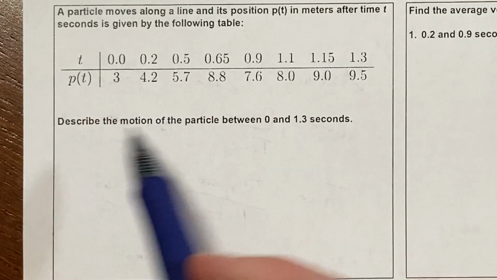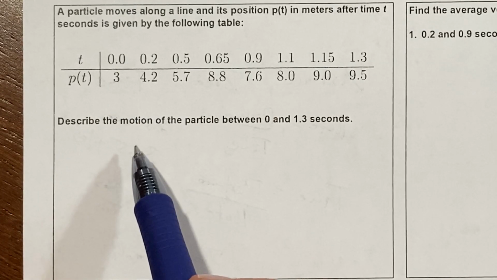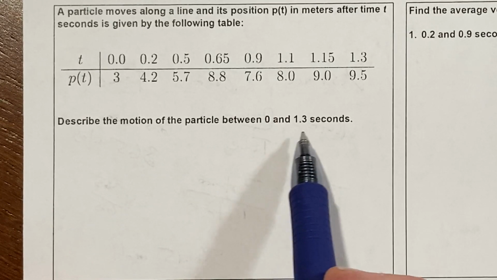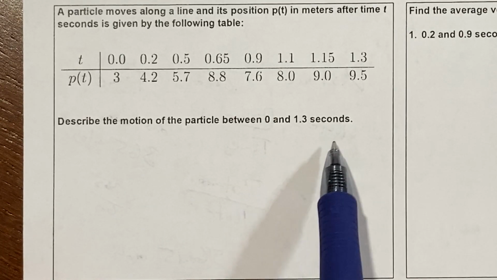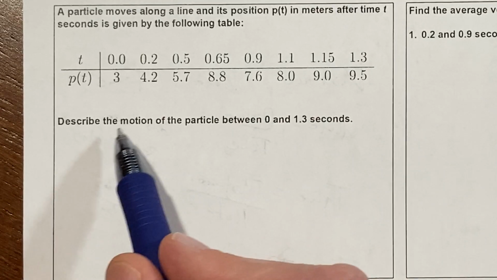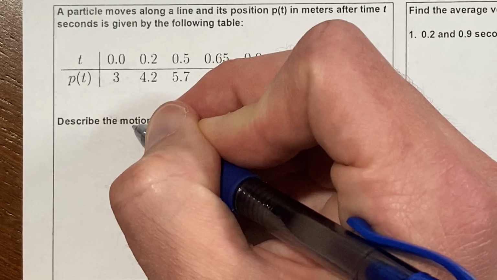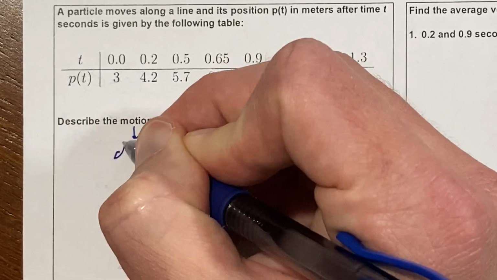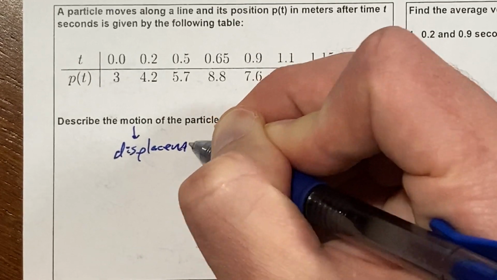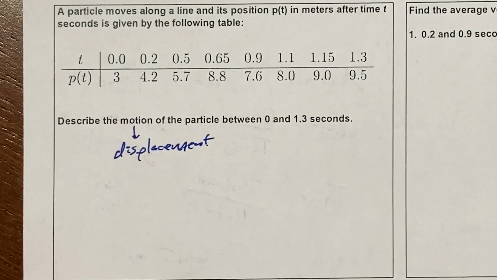So describe the motion of the particle between 0 and 1.3 seconds. I don't really like this motion. I want to call that the displacement. I think that's kind of a better word right there.